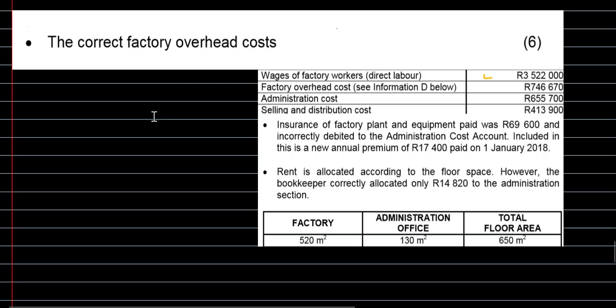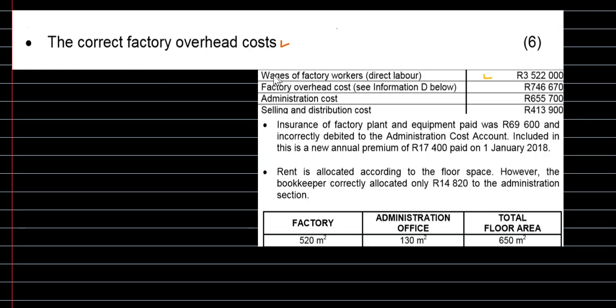This is our next question. And remember, what you calculated above will also be needed as you progress in your questions. But here we are told to calculate the correct factory overheads cost. Here we are given wages of factory workers.